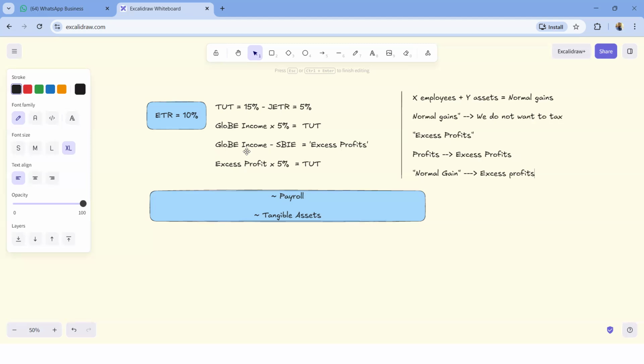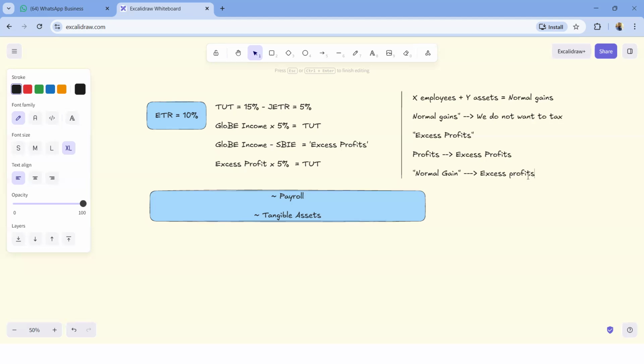See, the justification of such legislation is not to tax normal gains, because you are already subjecting them to domestic taxes, right? This is only for top-up taxes, only for excess profits that are over and above, excess profits earned which are not taxed in the local jurisdiction at a rate above 15%.